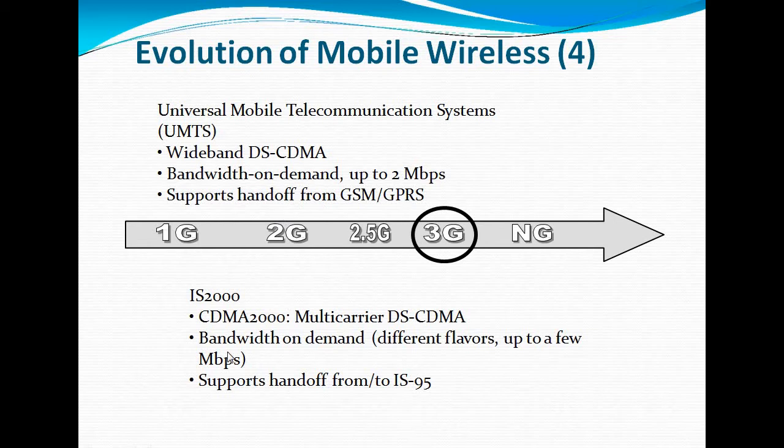And from these standards, IMT-2000, they include CDMA 2000, which is multi-carrier DS-CDMA. They follow bandwidth on demand, in different flavors up to a few Mbps, and it also supports handoff from IS-95. So this is related to our third generation of mobile network.